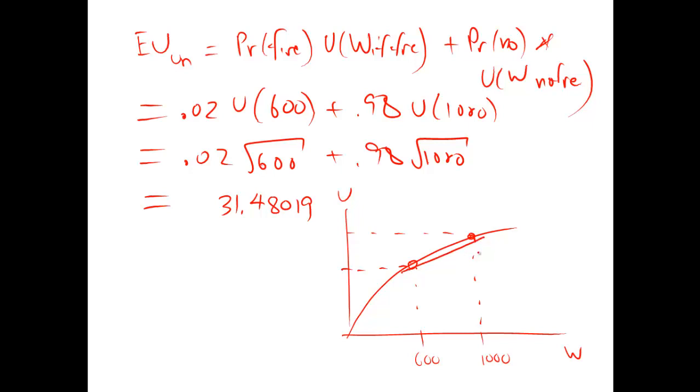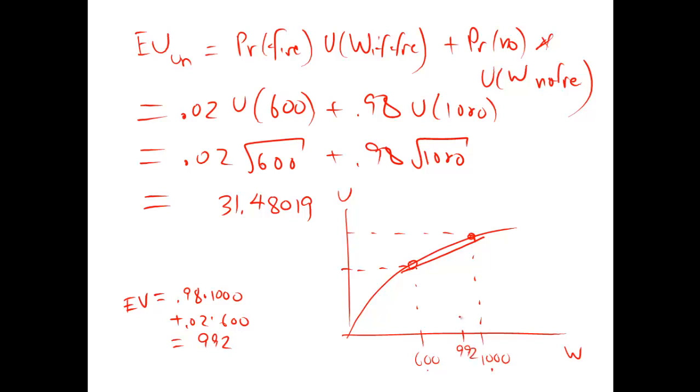What we're saying is we're 98% of the way over from here to here. And so, in fact, the expected value of our wealth, if we're uninsured, is equal to 0.98 times 1,000 plus 0.02 times 600, which equals 992.